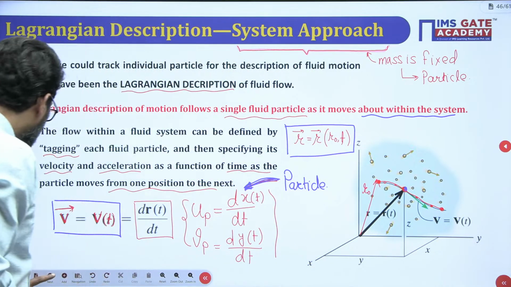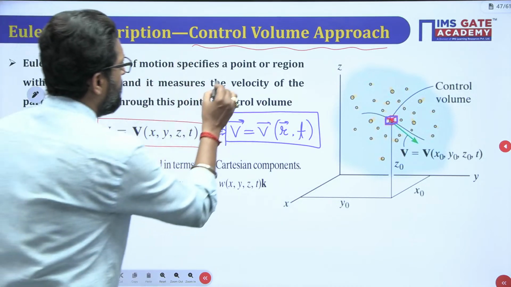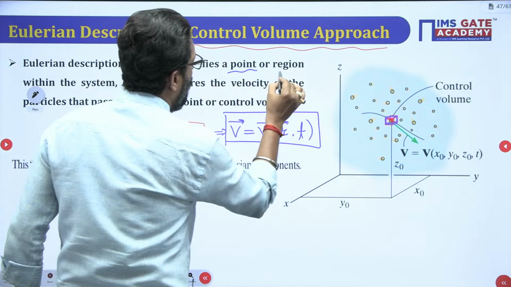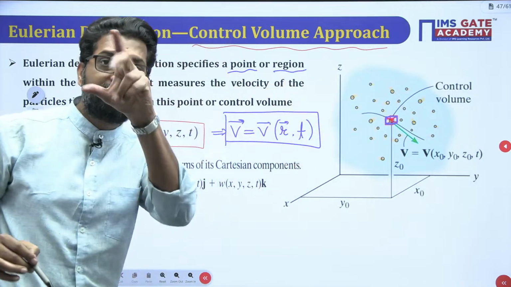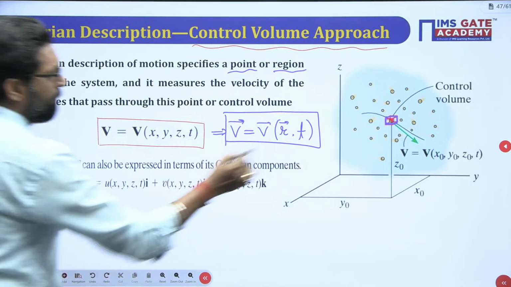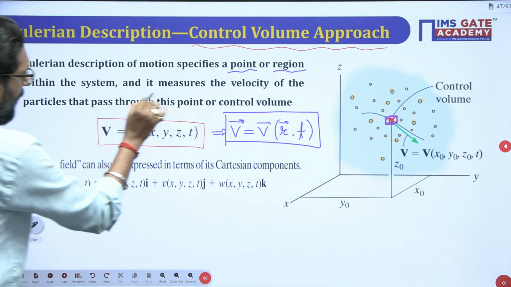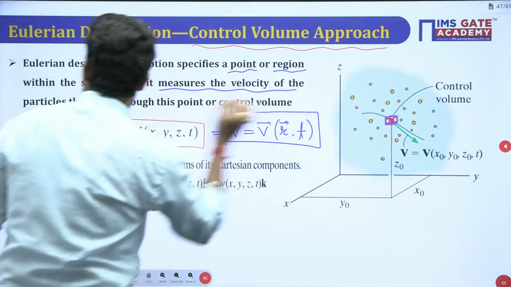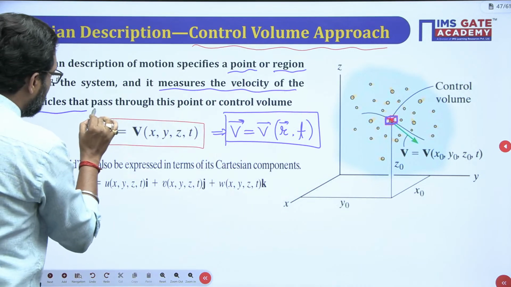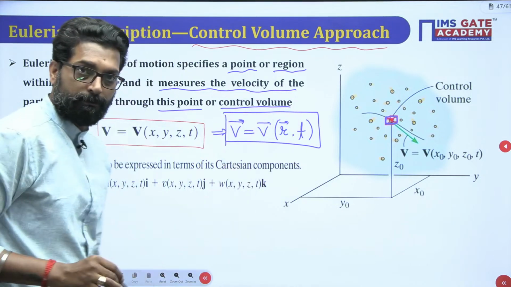Now, the Eulerian description is the motion of a specified point or region. You fix the region within the system, and measure the velocity of the particles that pass through this point or control volume.